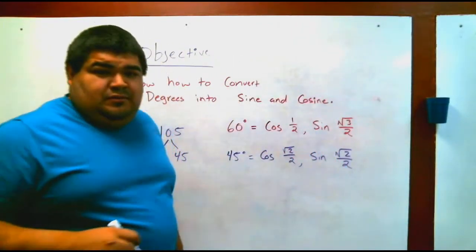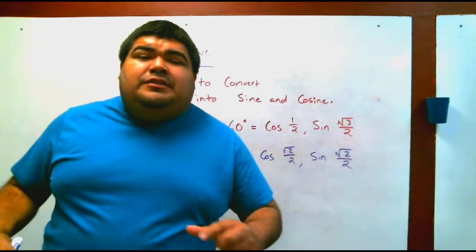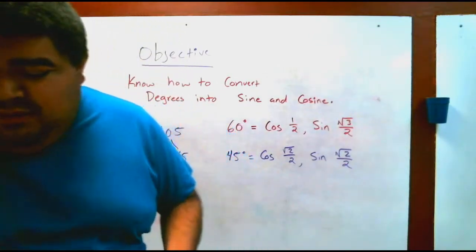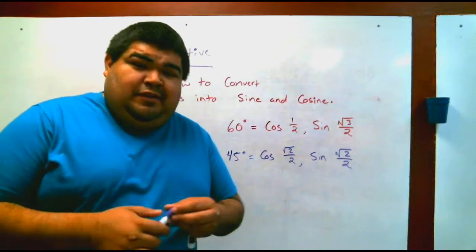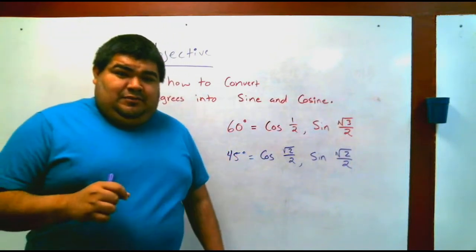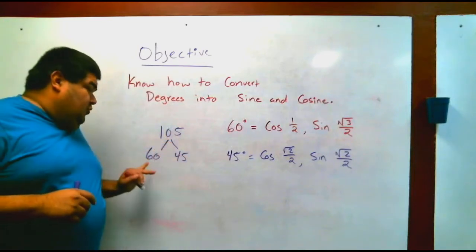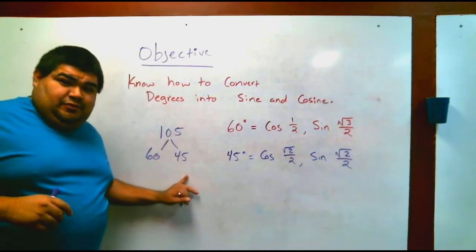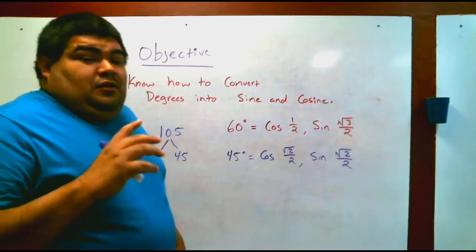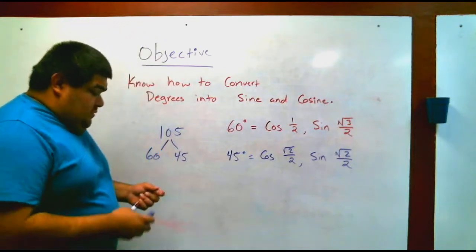And we're done. Next class, we're going to take it a little further, but for now, I just want you guys to get in the habit of finding sine and cosine. Again, we had to break down that 105 into 2 different numbers that were actually on the unit circle. You have to do the same thing on yours.